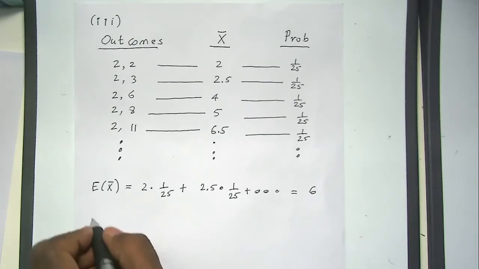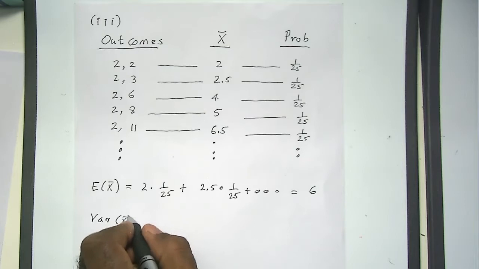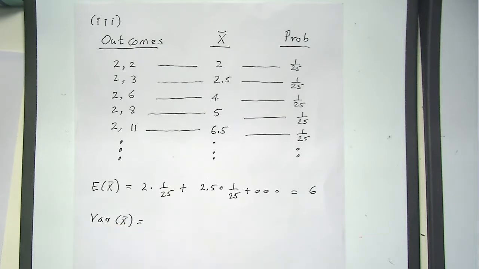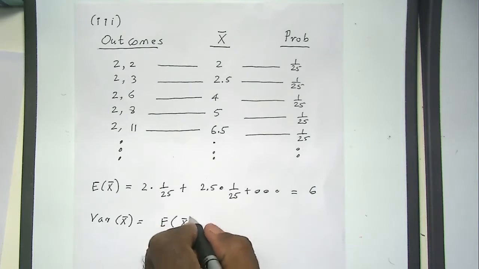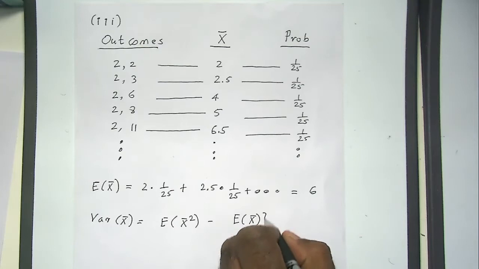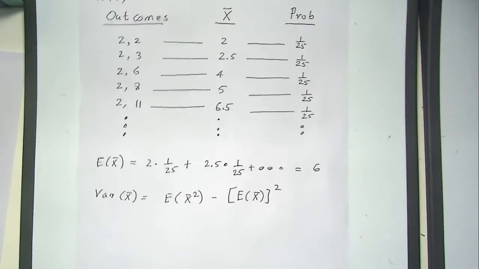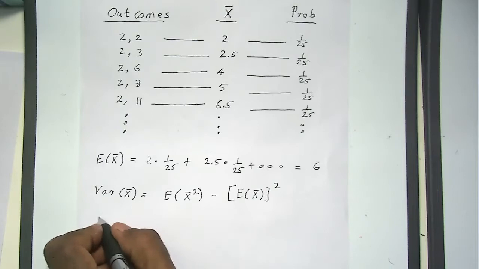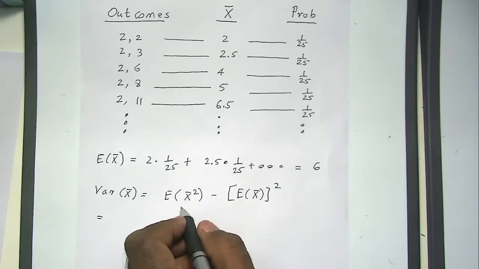And to find the variance of x bar, you do the same as before. So you find the expectation of x bar squared minus this, right? This guy we already know, so you just need to work out this guy here.